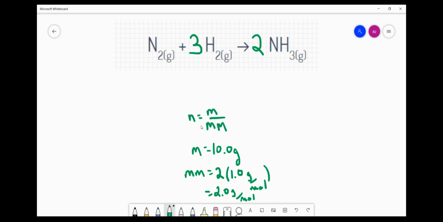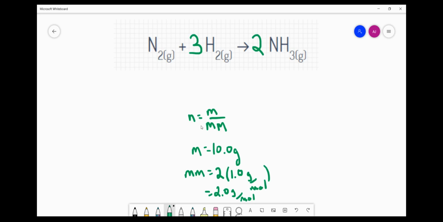So this is an error because the molar mass is talking about the chemical, not how many we have. Remember, molar masses are fixed quantities. Hydrogen gas, H2, always has a molar mass of 2 grams per mole. We are going to take into account the coefficient shortly.